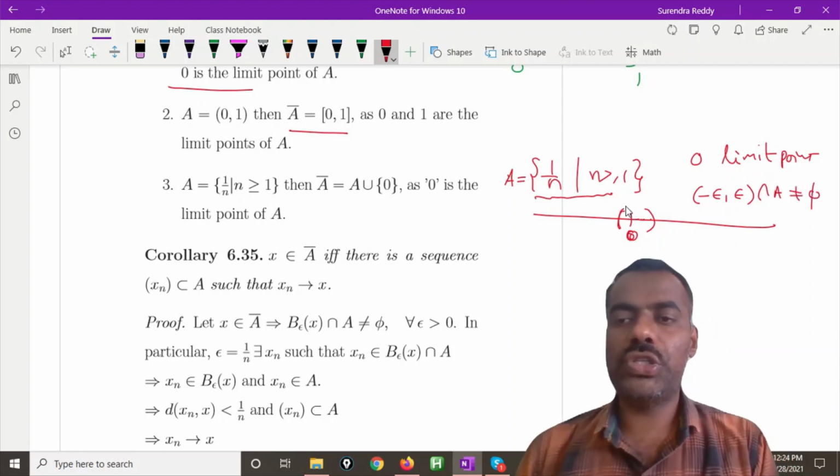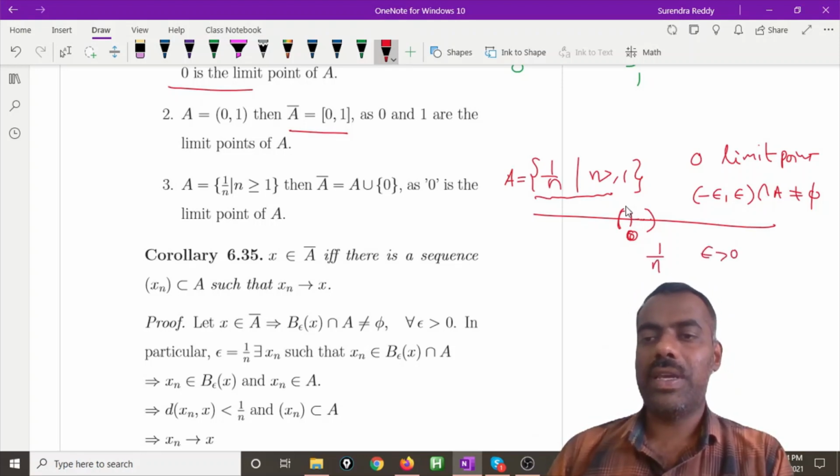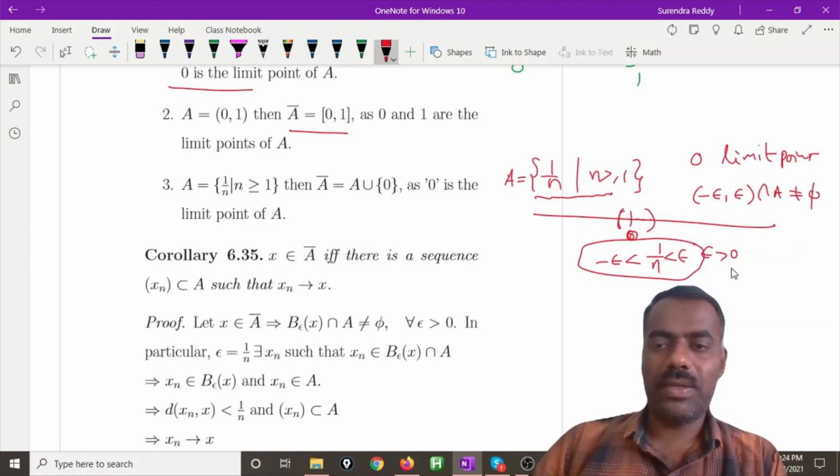You can always show that. That means, for whatever epsilon greater than 0, can you find a 1 by n which belongs to it, is the question, and that always happens. What is that? Archimedean property, right?